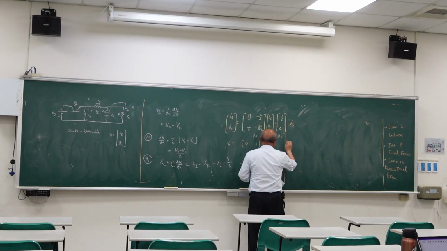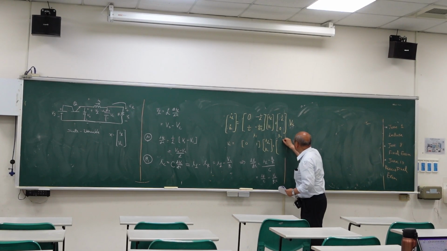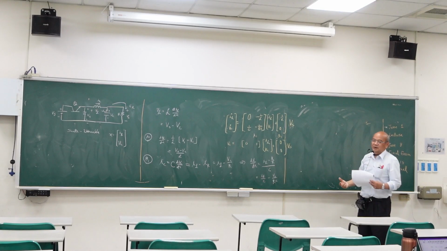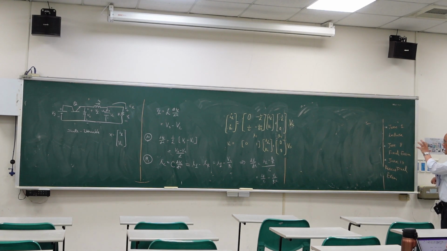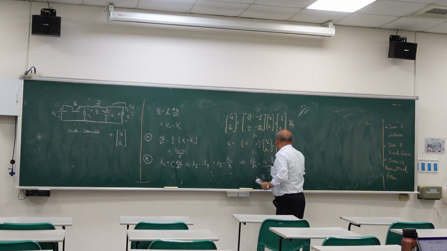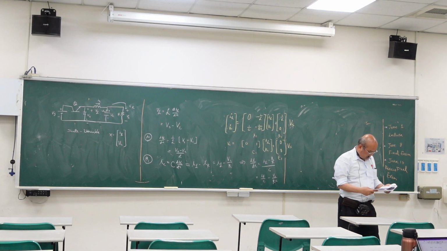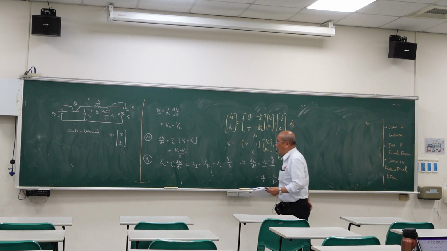Vc is equal to this one, and for Vs here it is 0. So Vc is equal to Vc, no Vs. So we get A, B, C, E. It is easy.